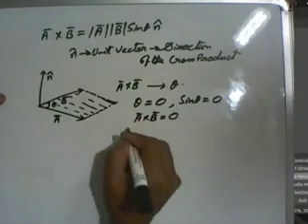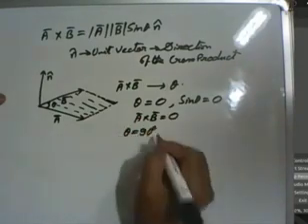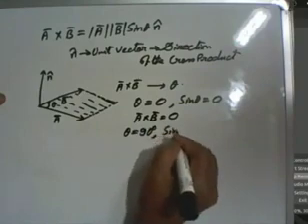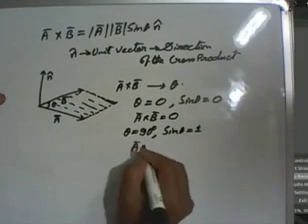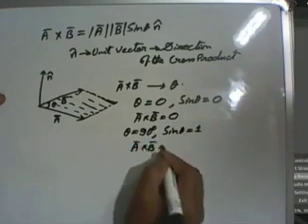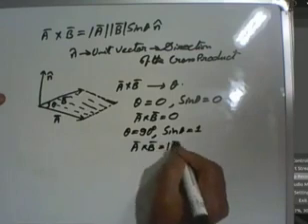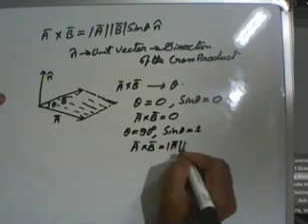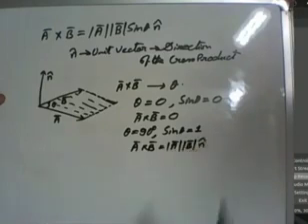Other way around, if theta is equal to 90 degrees, then sine theta is equal to 1. So A cross B becomes equal to magnitude of A into the magnitude of B. It's a vector.